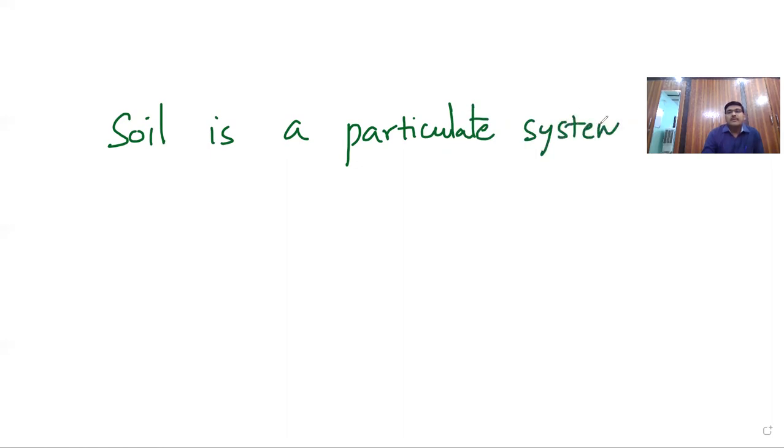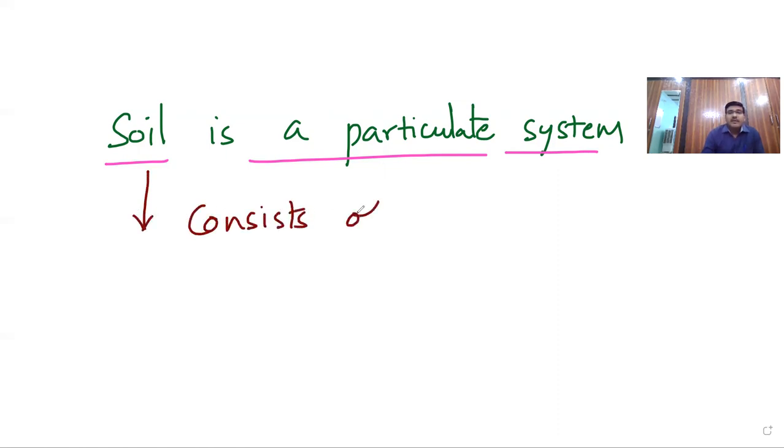Particulate system in the sense the soil consists of particles. All these are the particles. Mass consists of the particles. These are all soil particles.